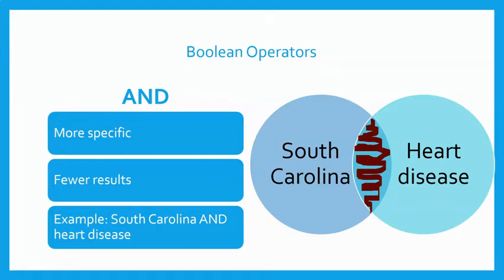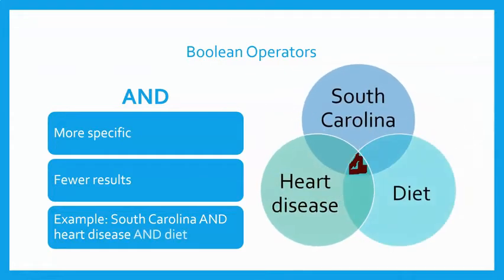But if the two topics overlap, then that will show up in my search results. Now, if I add another and, then I'm going to get even fewer results. So if I say South Carolina and heart disease and diet, then I get even less results because I only get where all 3 overlap. Okay, so it's that little dark spot in the middle there.